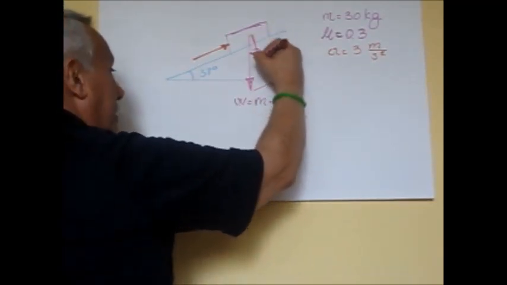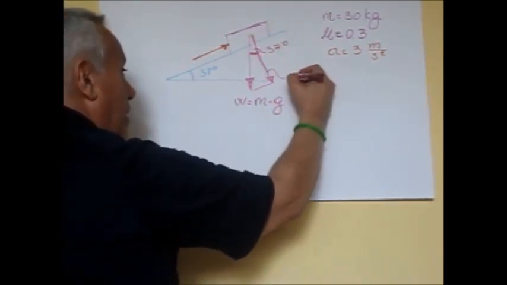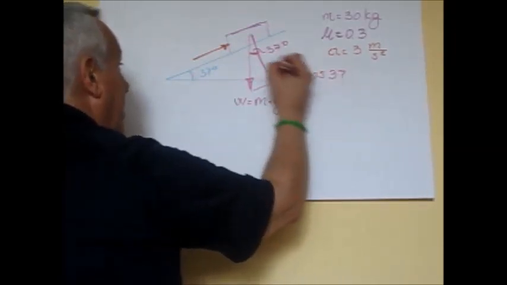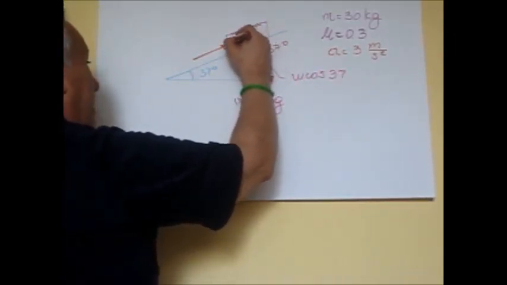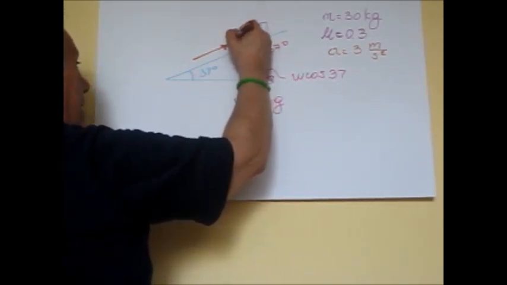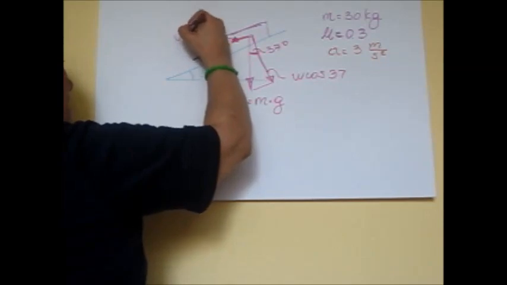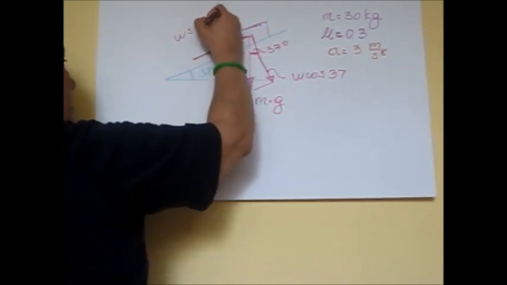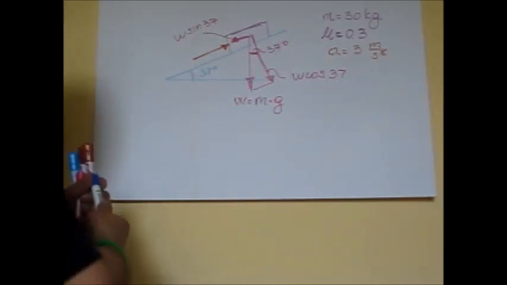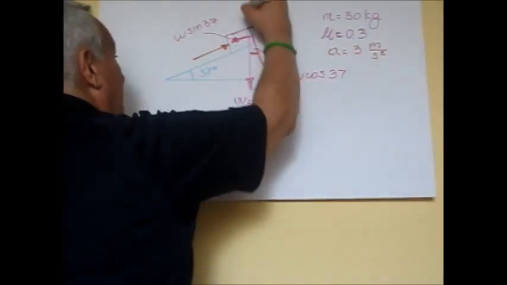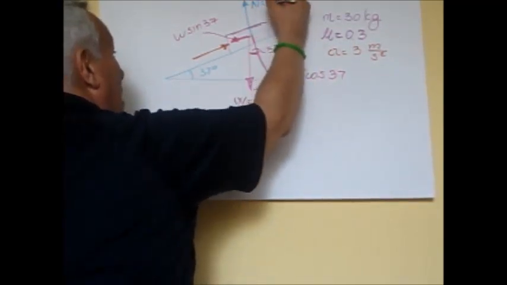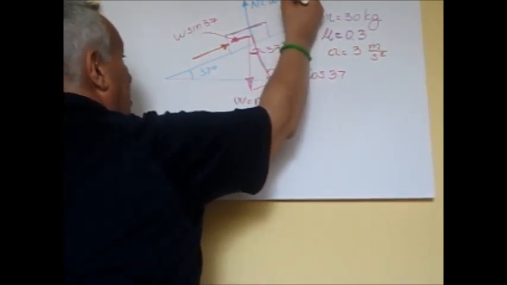So this component here is weight cosine 37, and this other component, parallel with the surface, is weight sine 37. We know those components. This one, remember what name we gave it? Normal force. So how much is the normal force? Weight cosine 37.